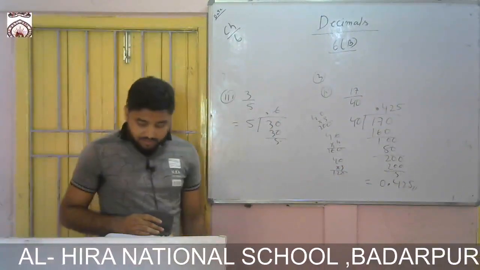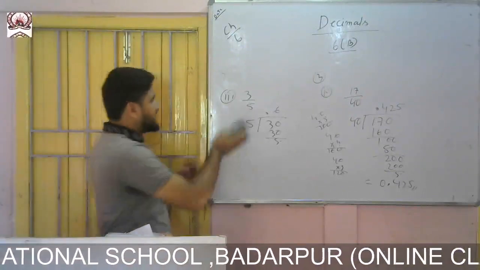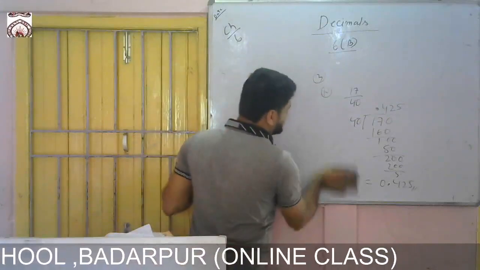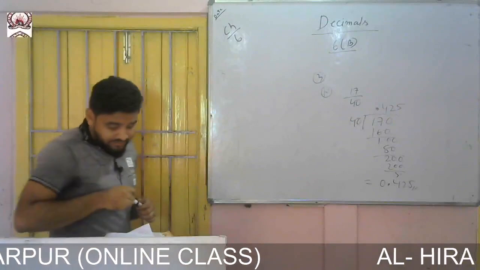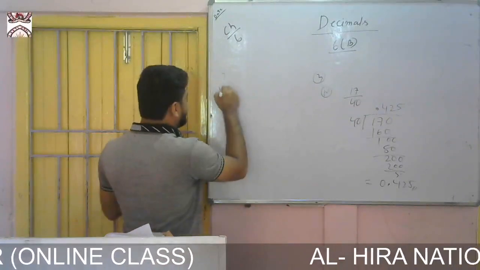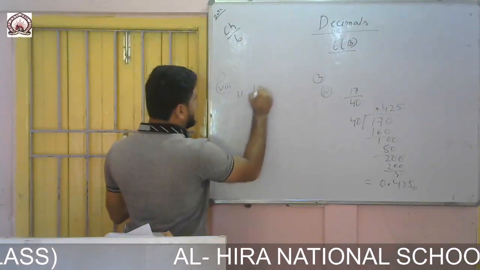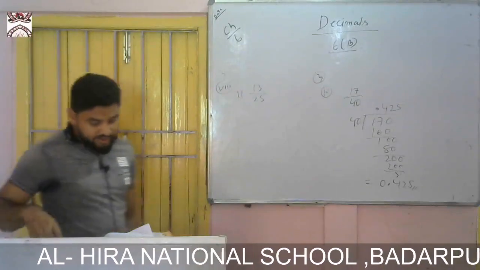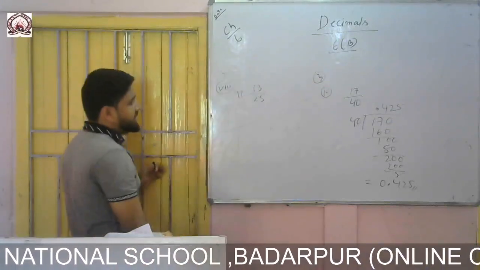Now come to question number 8, the last one. These all are the same. So question number 8, what is there? 11 13 by 25. First you cross multiply.